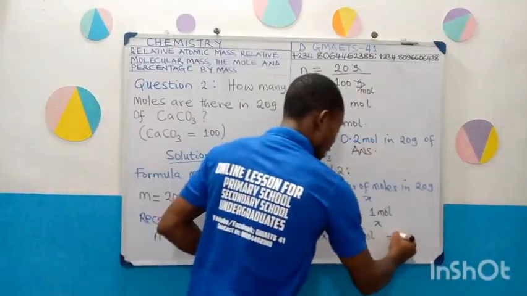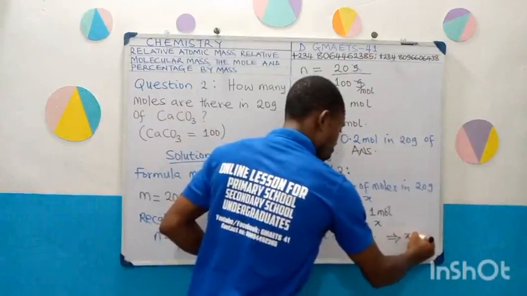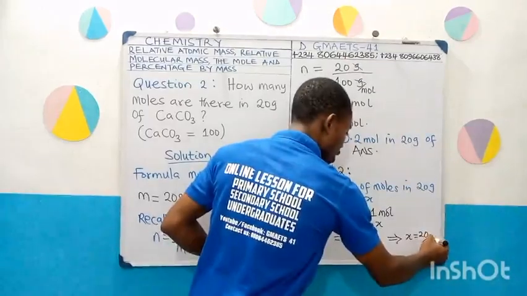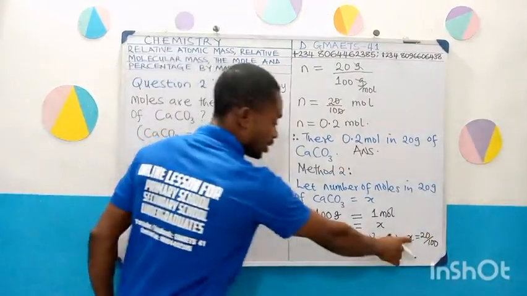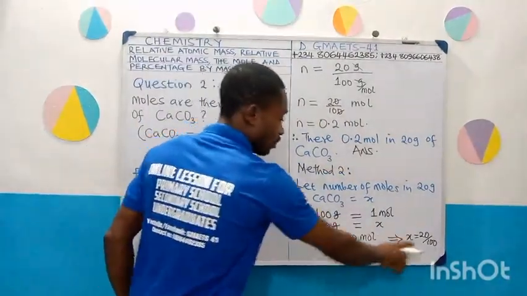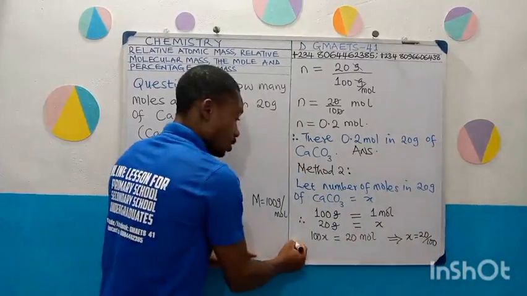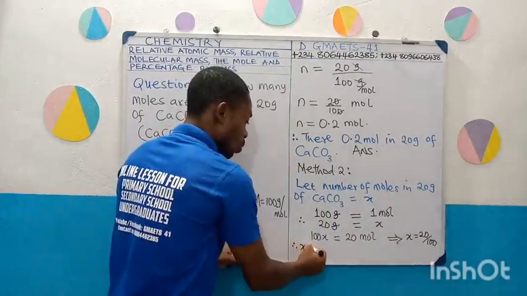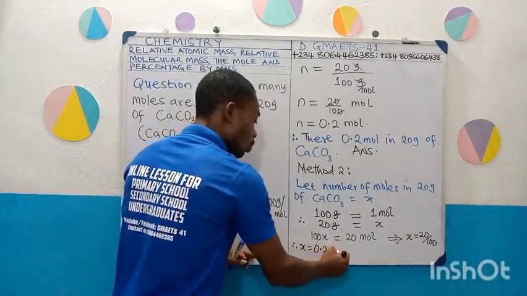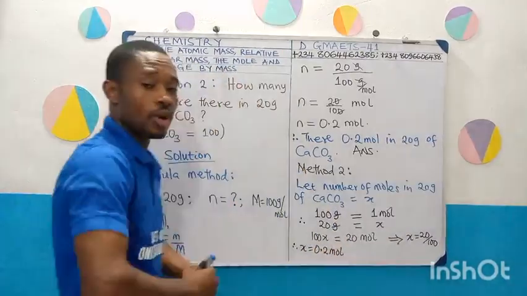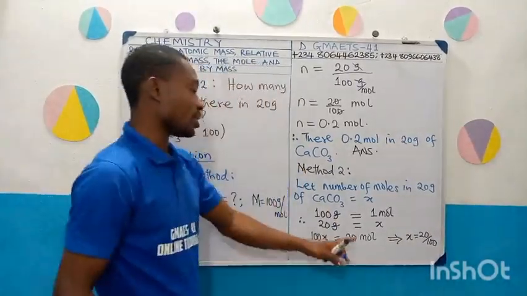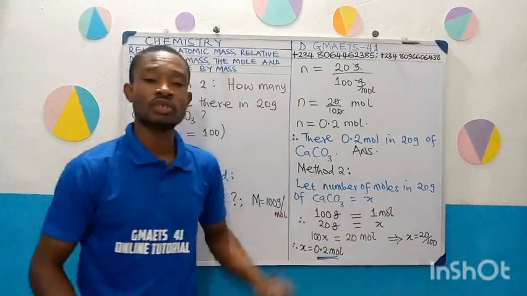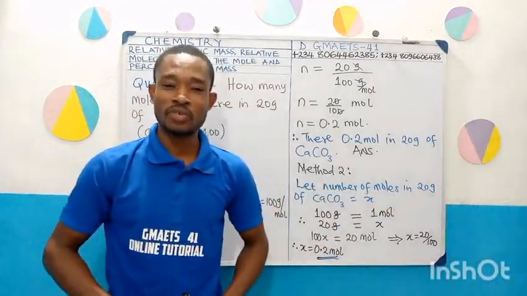It implies that x will be 20 divided by 100. Divided by 100, x will be left. Therefore, x will be equal to 0.2 moles. And that's the number of moles present in 20 grams of calcium trioxocarbonate 4.